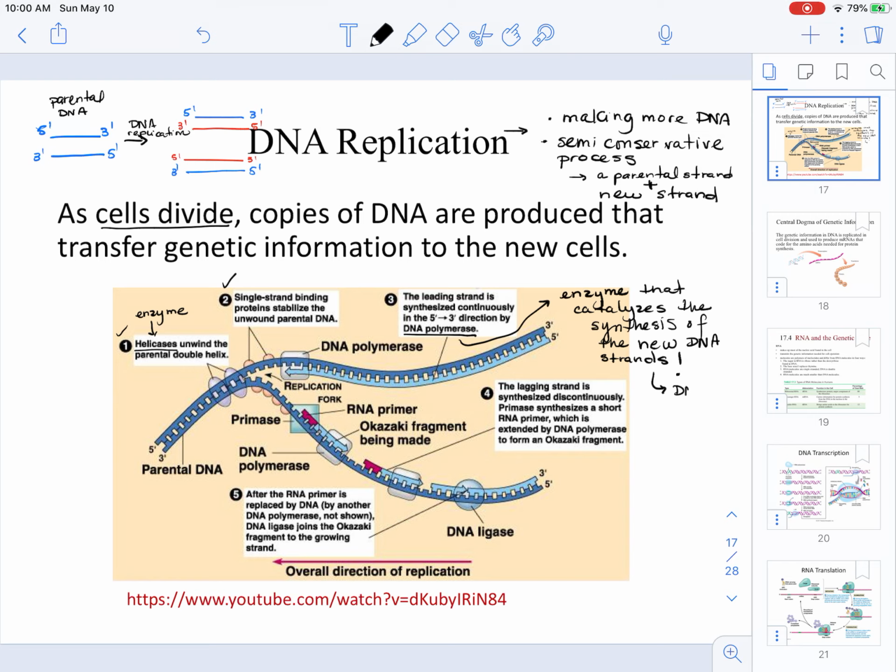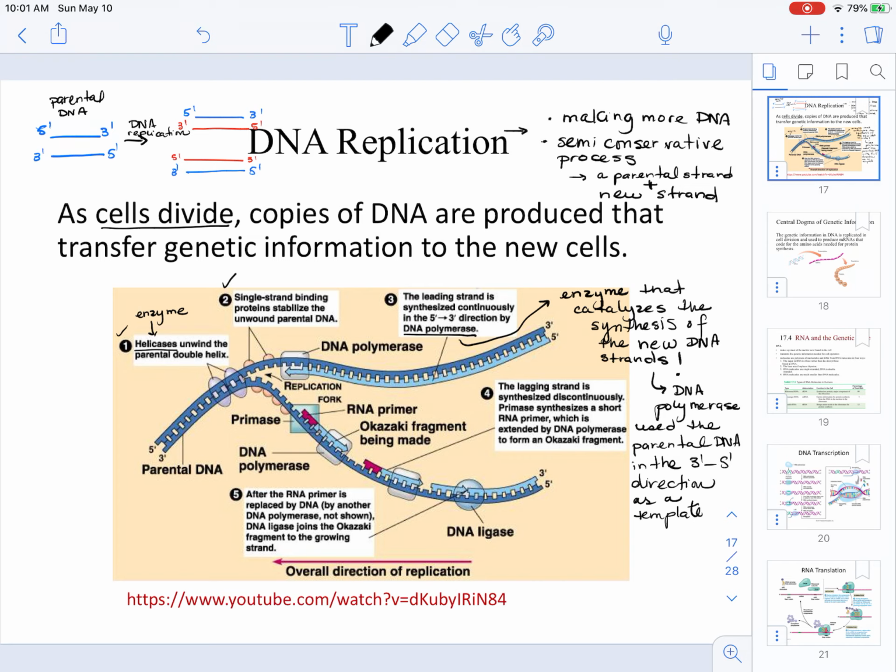DNA polymerase uses the parental DNA in the 3' to 5' direction as a template. Template means that that is what's going to be guiding the synthesis of the new strands.